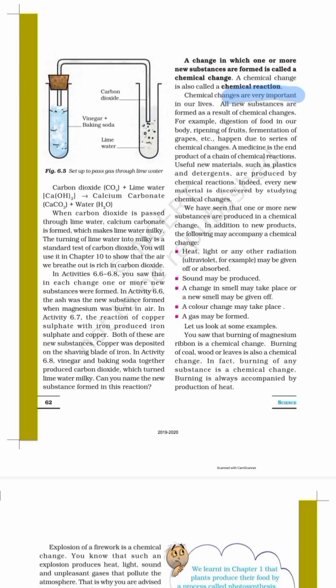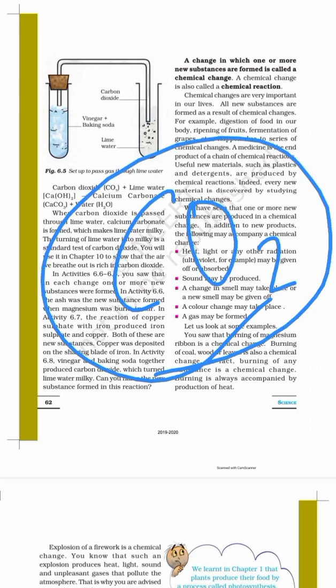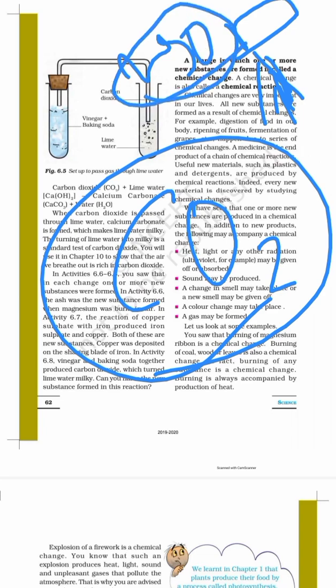Now, do you know how to test that it is carbon dioxide? If you want to test magnesium, whether it is a magnesium ribbon or not, then you have to heat it. Once you heat it, if a dazzling white light comes out, it is magnesium only.